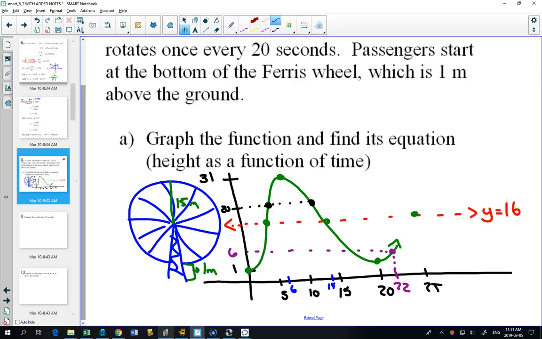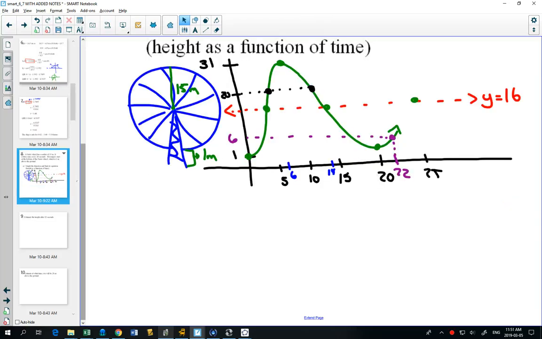Now, in order to find this exactly, we could use our graphing calculator, but we're going to need an equation for this. And getting our equation is pretty easy if we just think backwards from how we graph this. Your d value uses your center line. Your amplitude is from your center line to your maximum.